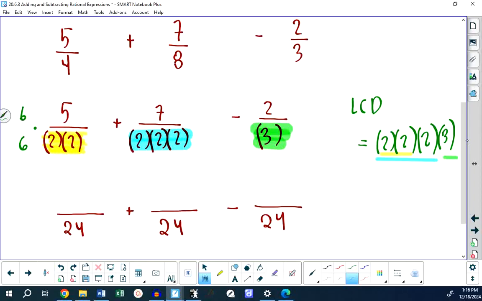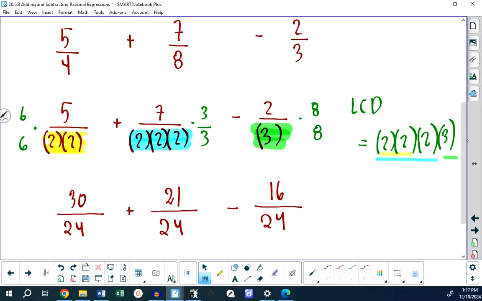It's 6 because the bottom has to multiply out to give 24, and I already have 4. And that means on the top I get 30. Over here, I need to multiply top and bottom by 3 because this is 8. 8 times 3 is 24. So on the top I get 21. And here I need to multiply top and bottom by 8 to get the bottom to be 24. So I get minus 16.